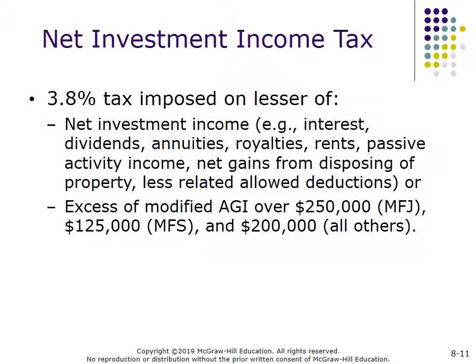It's actually a Medicare tax that's imposed on the lesser of net investment income, so interest, dividends, annuities, royalties, rents, passive activity income like rents, net gains from disposing of property, or the excess your modified adjusted gross income is above $250,000 for married filing joint, $125,000 for married filing separately, and $200,000 for all others. So it's meant to provide an additional tax to higher income taxpayers.